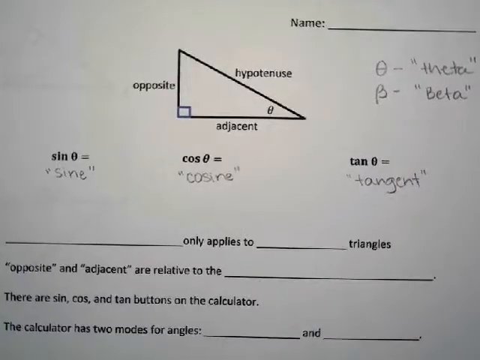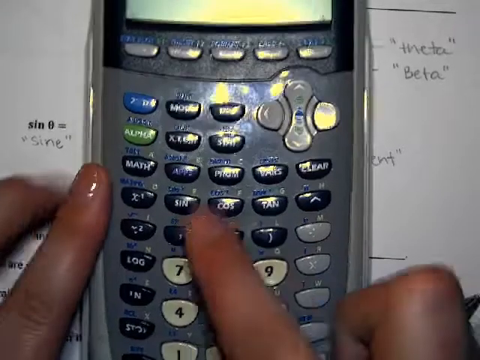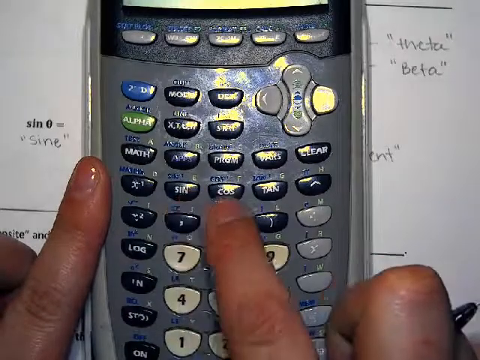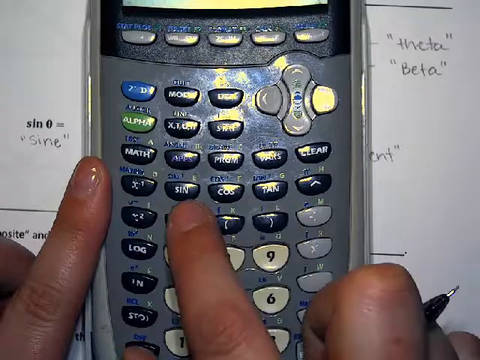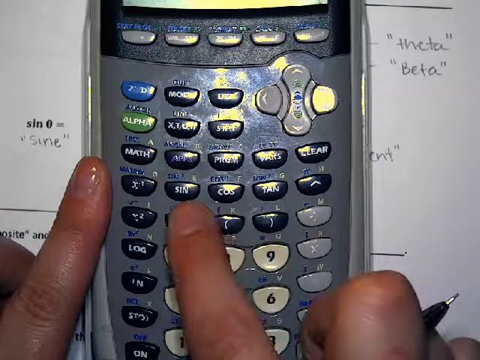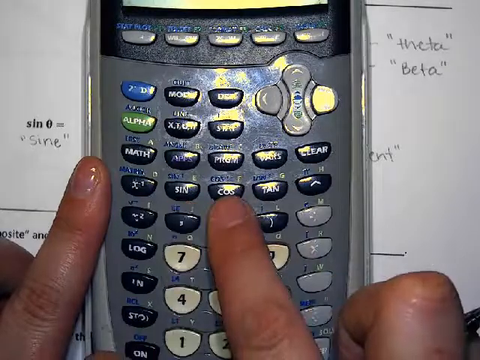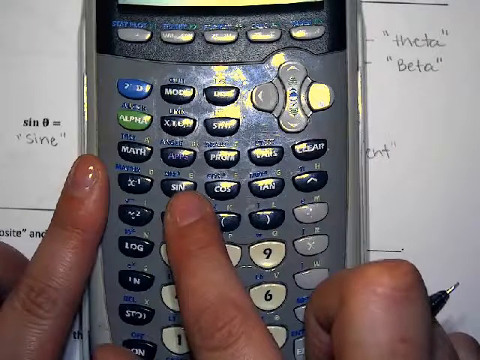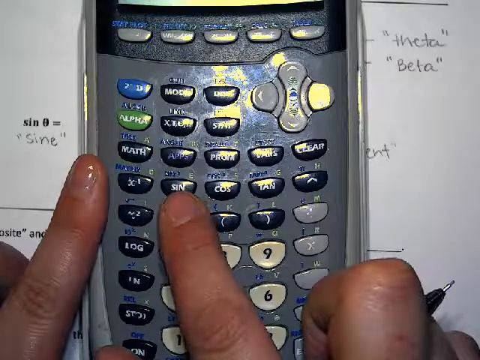So sine, cosine, and tangent. Have you guys heard of those before? Yeah. Heard those words? Okay. So if you look at your calculator, there are buttons for those three words. Sine, cosine, and tangent. And a lot of people say sine, cos, and tan. If you ever call this sin, people will laugh at you. So we say sine. Okay? Make sense?